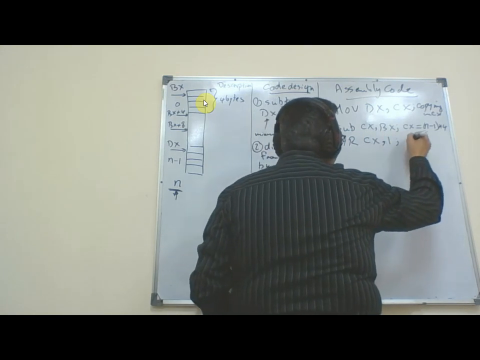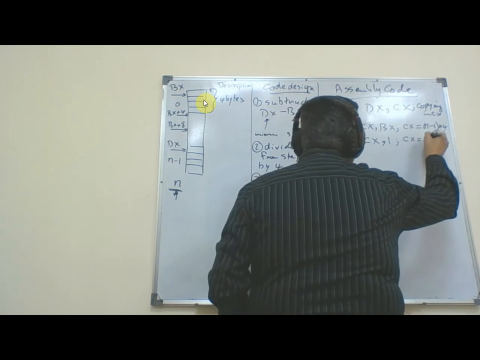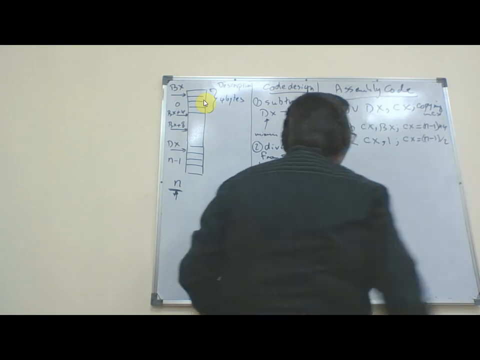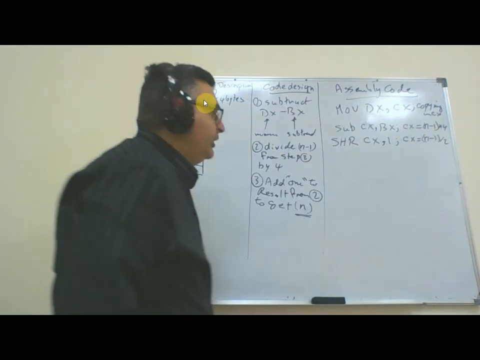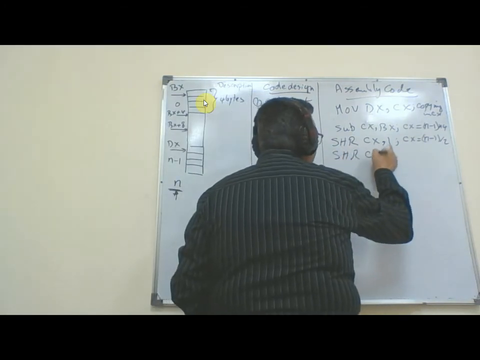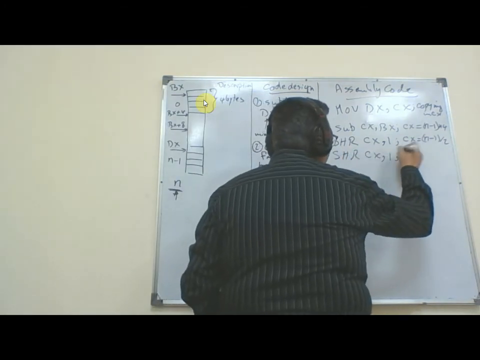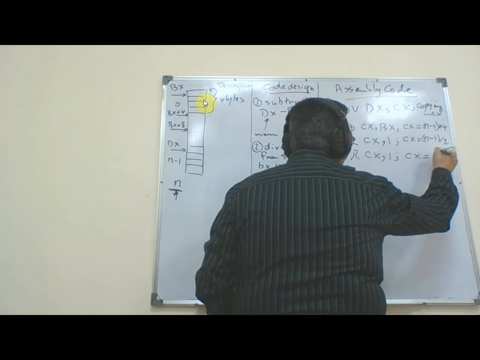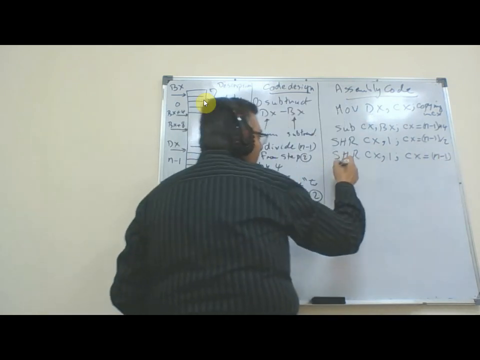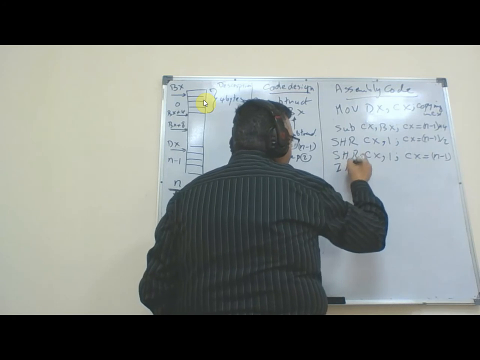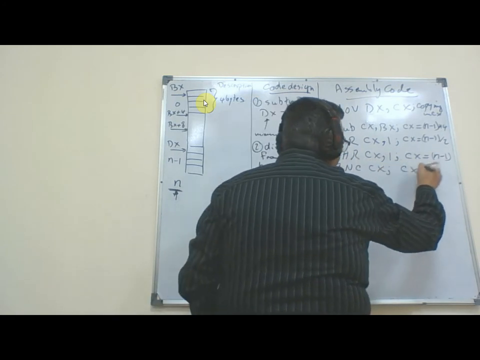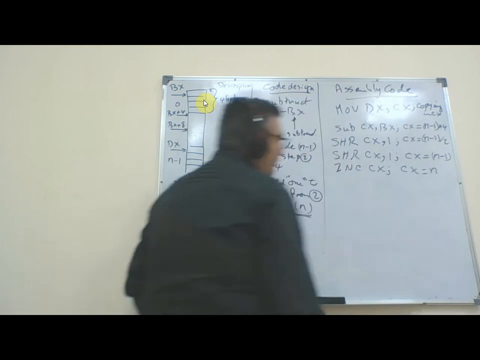This will divide cx by 2, which will give me n minus 1 over 2. And then do another shift for cx and 1, so cx now equals n minus 1. Finally, increment cx, so cx now equals n.